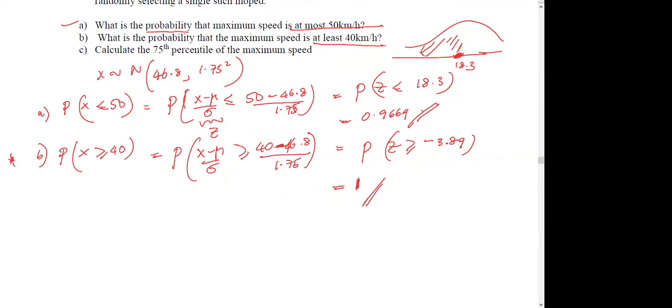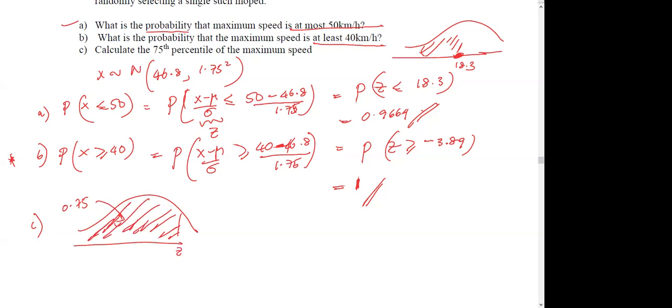Please check this. You will see it is 1 once you go to the Z table. I'm not going to show you the Z table because we have done it so many times, you will get bored. So please check it. Okay, 75th percentile, which means 0.75, whatever up to this point. This is your 75%, 0.75. So you have to find the Z value.